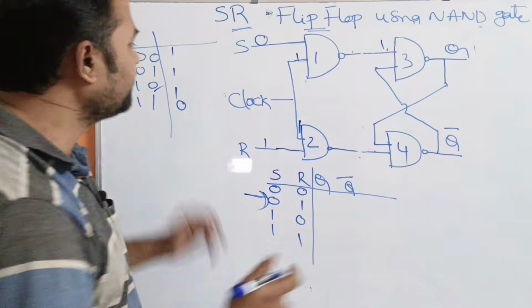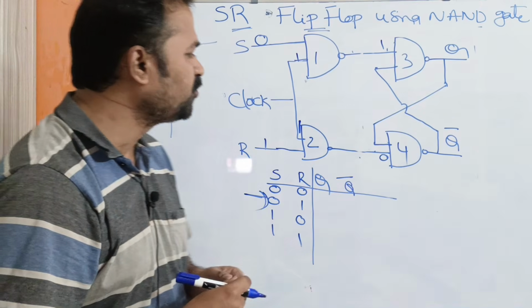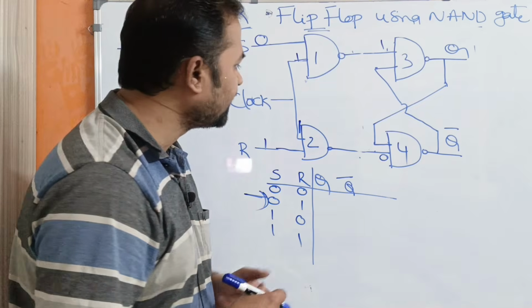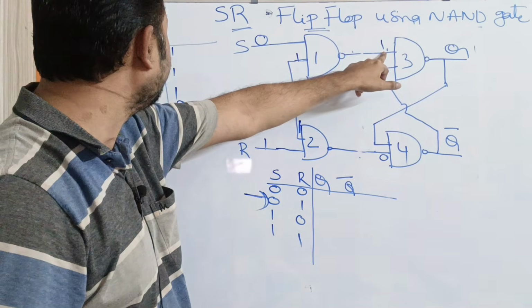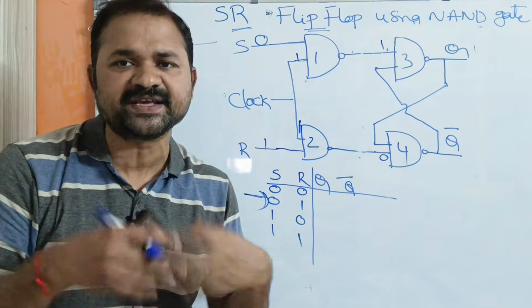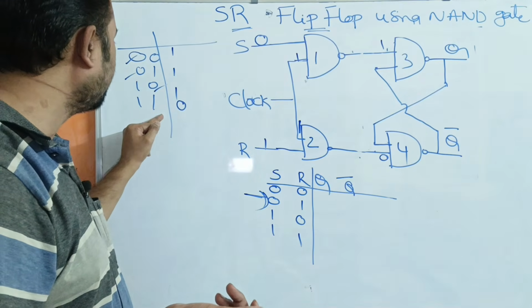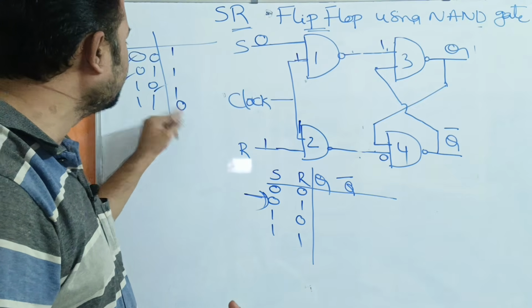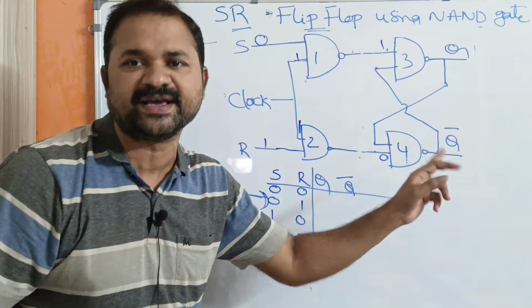Next, 1, 1 means the output is 0. So this 0 will be supplied as input to the fourth NAND gate. If we observe, for the third NAND gate, one of the inputs is 1, so we should not predict the output. Why? Because for 1 we have two combinations: 1, 0 gives output 1, and 1, 1 gives output 0. Whereas for the fourth NAND gate, we have 0 as an input.